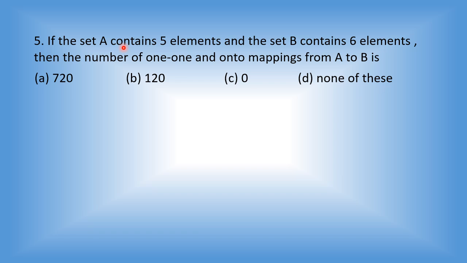Thus, f cannot be 1-1 if it is onto. So the conclusion is there cannot be any 1-1 and onto mapping from A to B if the number of elements of A is not equal to the number of elements of B.